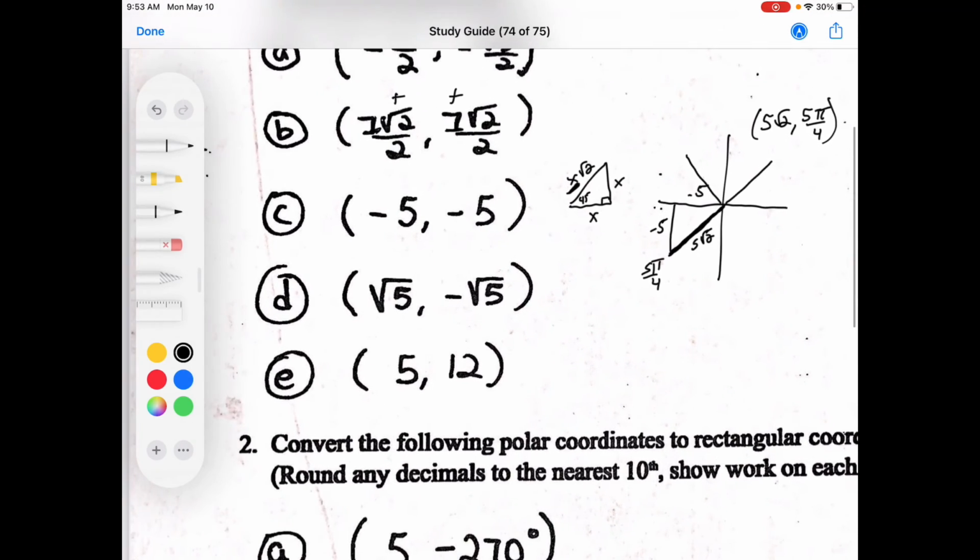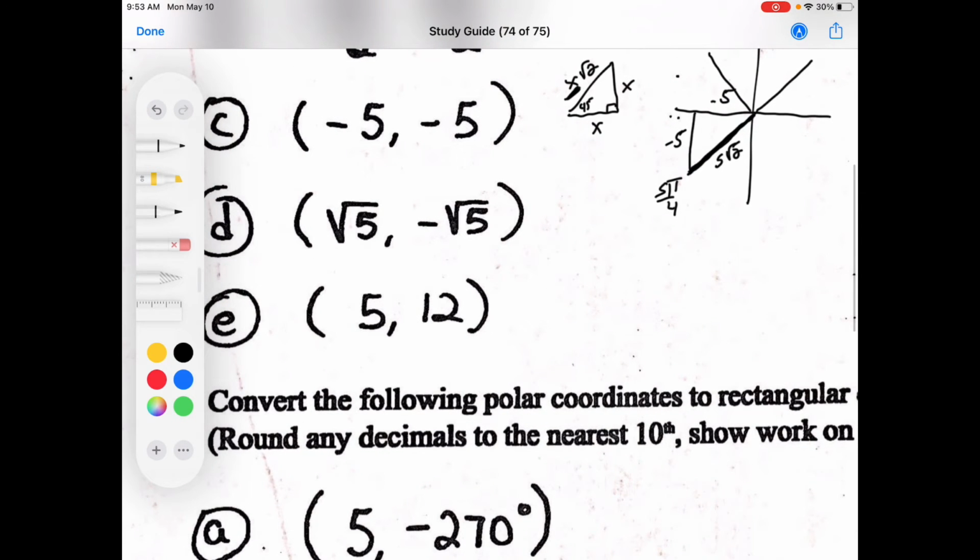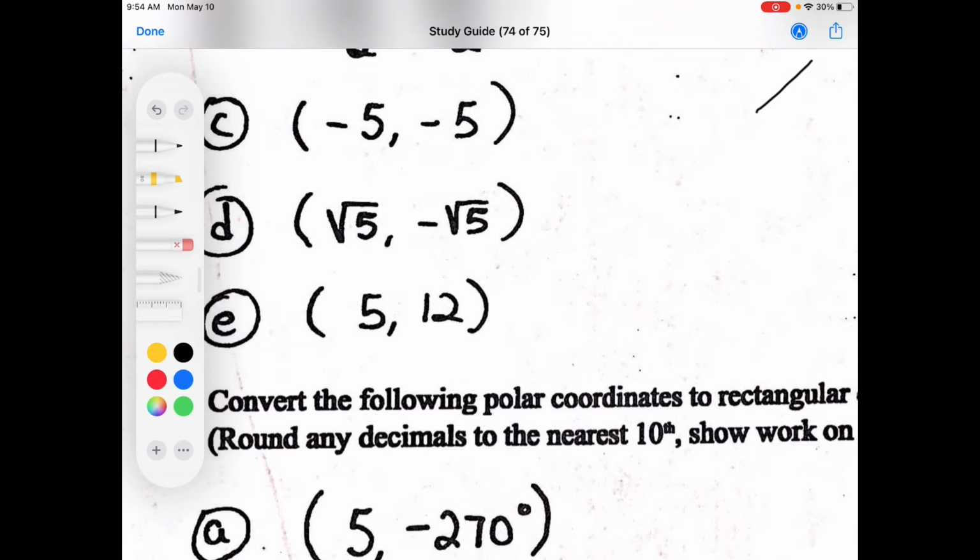All right, now let's do 1D. That's also going to be a 45, 45, 90. Okay, so if I plotted that, I am in the fourth quadrant because it's a positive x and a negative y, and we're right in the middle.